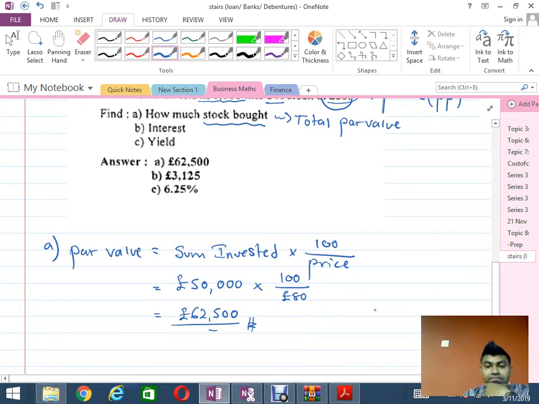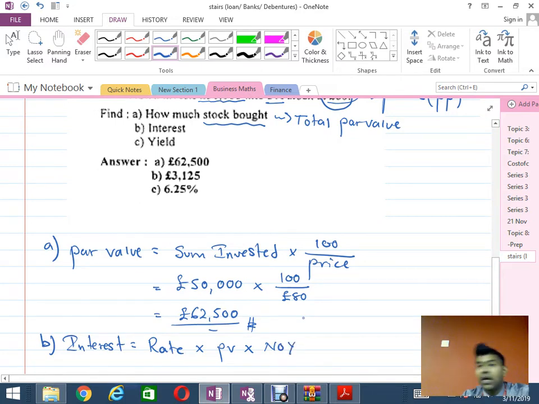B. They want you to calculate the interest rate times par value times, be careful, number of years. Students always make a mistake here. They put number of shares, they get confused with dividend.